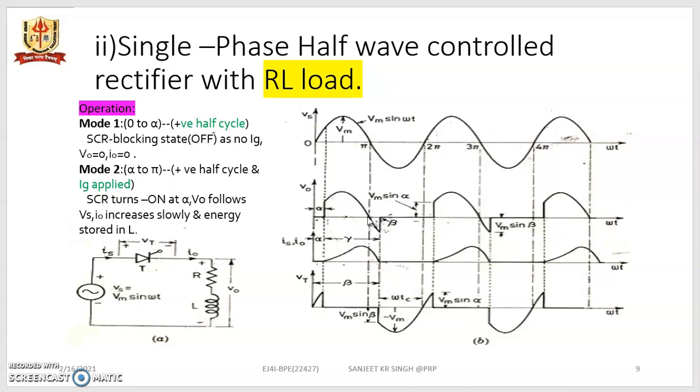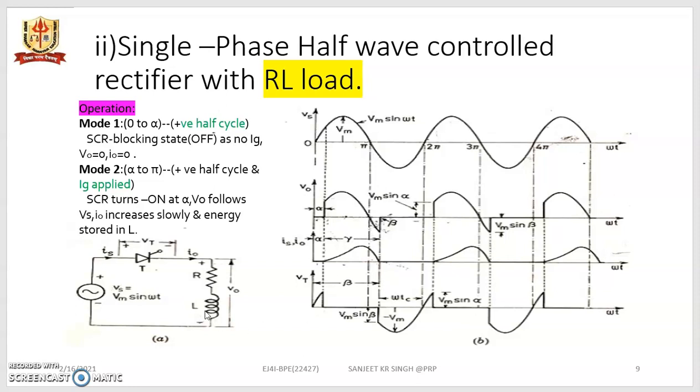Then the third mode. Moreover, here we can see the current is slowly increasing because current lags in the inductive circuit. With respect to the supply voltage, current lags, or we can say it is slowly increasing. So it will peak at some instant and thereafter it will decrease, and the moment it reaches pi, the SCR is not turned off, but it is forced to remain in on state.